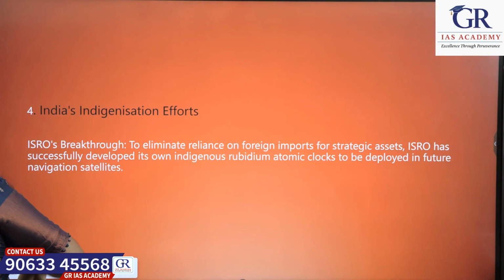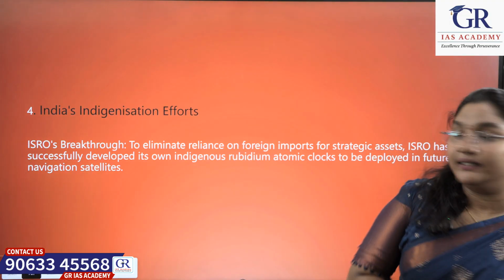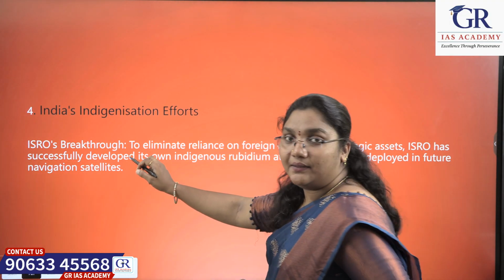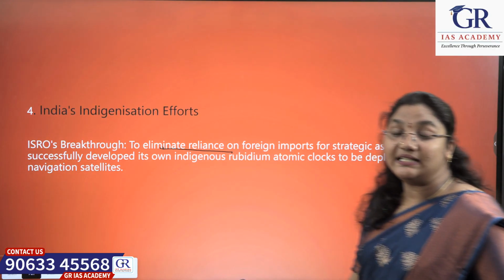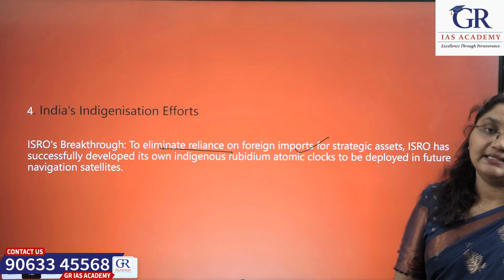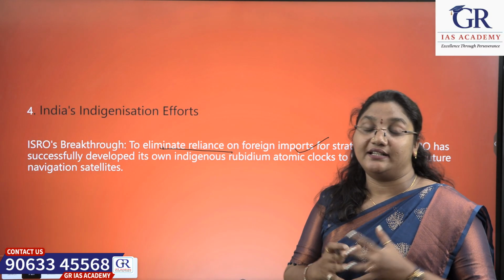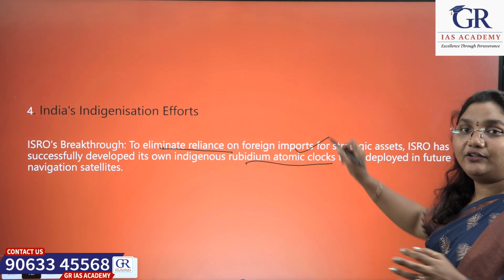Now, what are the efforts of India on it? Like ISRO planned this to eliminate reliance on foreign imports for strategic assets. ISRO has successfully developed its own indigenous rubidium atomic clocks.